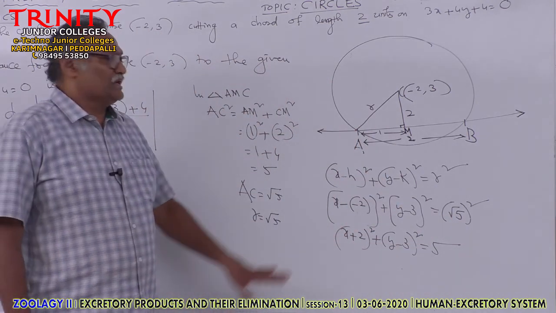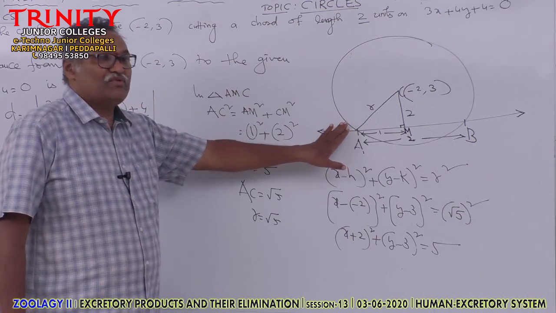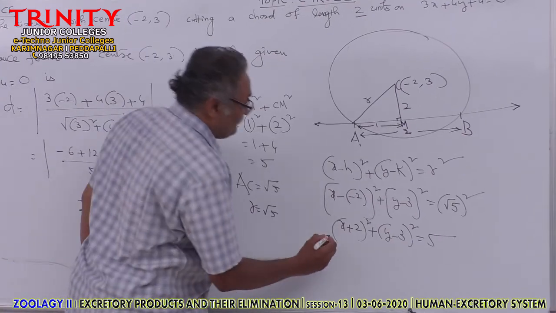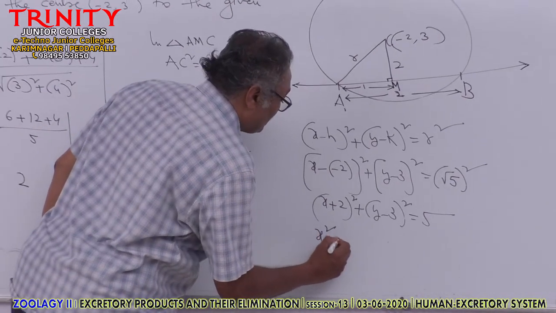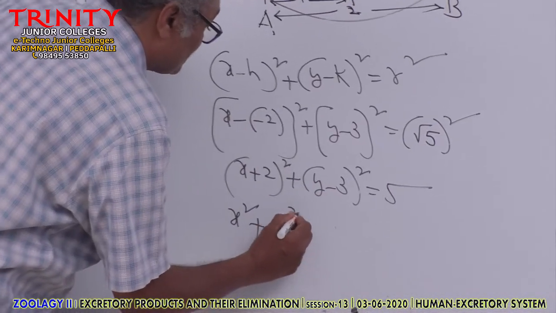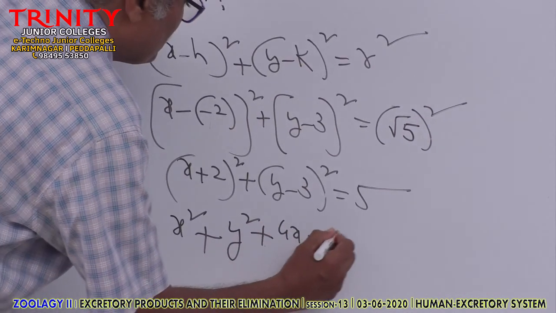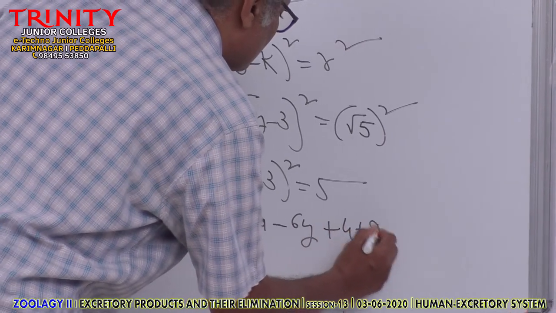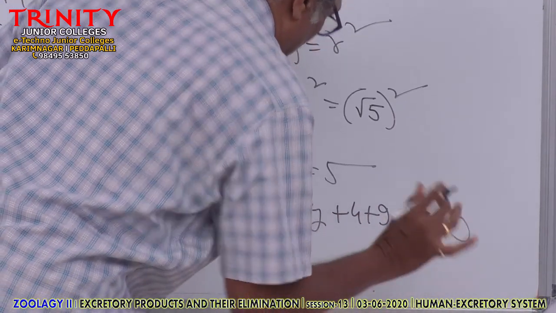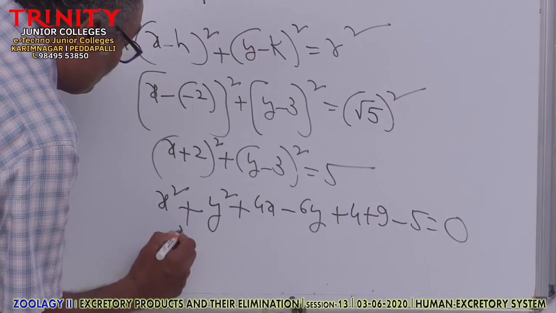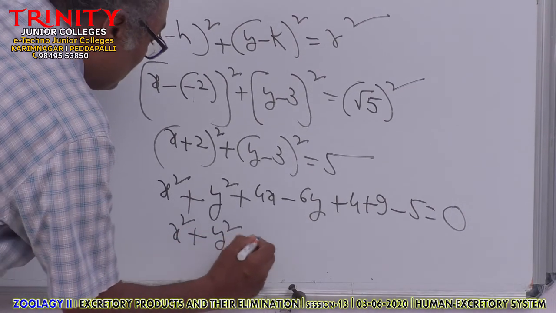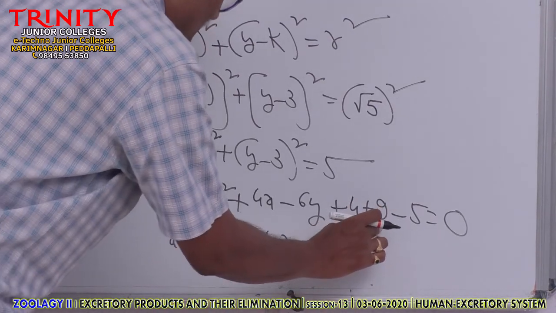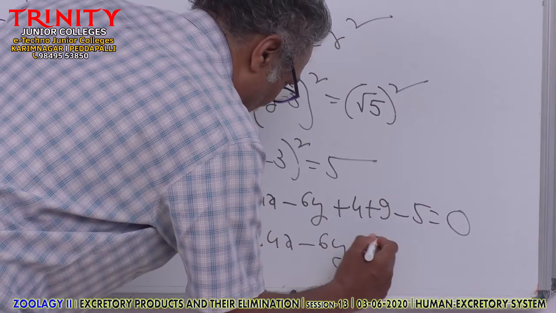It is the equation of the required circle. Now expanding it, that is x square plus y square plus 4x minus 6y plus 4 plus 9 minus 5 equals 0. X square plus y square plus 4x minus 6y, 4 plus 9 is 13, 13 minus 5 is 8, equals 0.